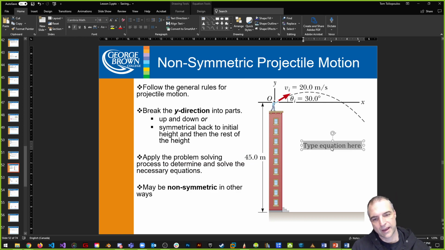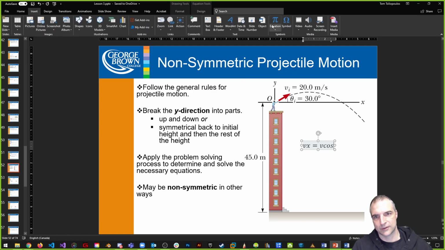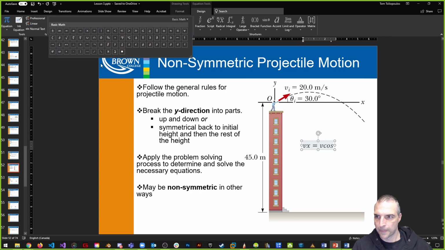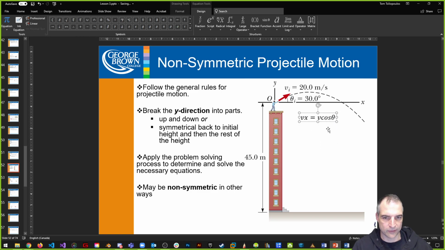I want to say that velocity across the x-axis, Vx, is equal to whatever my initial velocity is, times cos theta. I have to go into equations and then go to theta. Alpha, beta, there it is. So V cos theta.